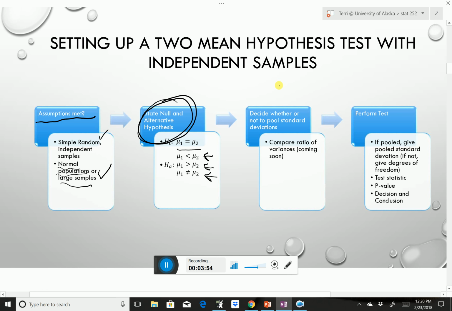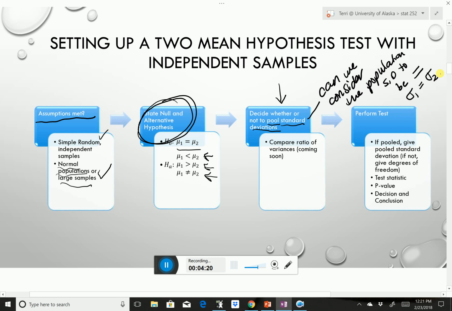Now we have an extra step in here, and that is to decide whether or not we pool the standard deviations. In other words, can we consider the population standard deviations to be equal? So the question is, is this a true statement? Is sigma 1 equal to sigma 2?